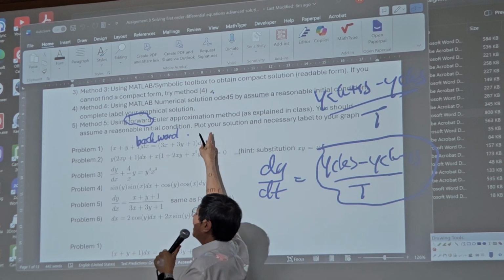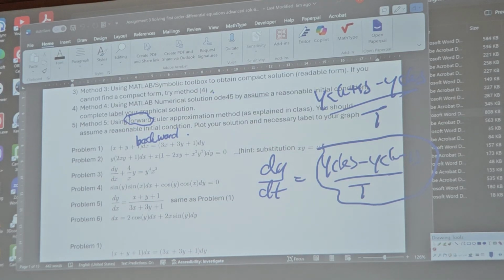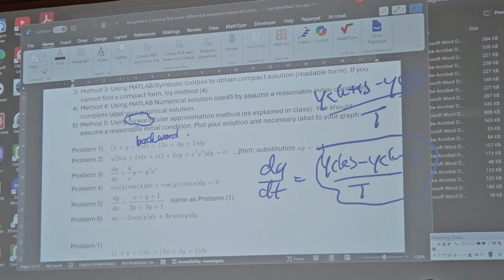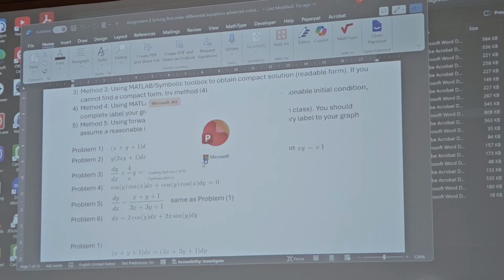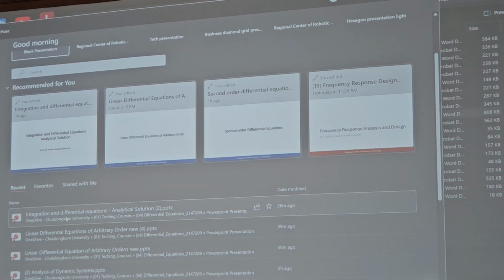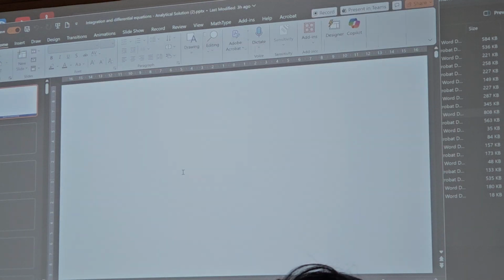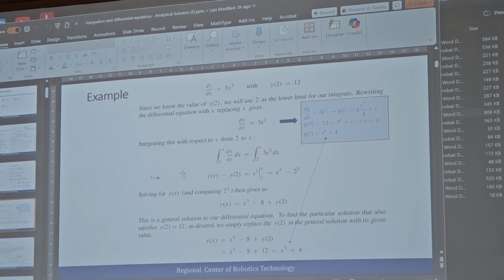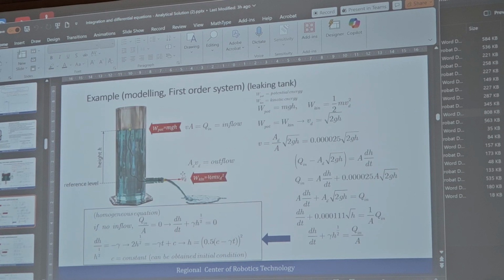And you can solve this one as well, similar to the slides. I already gave you another example about this one. You look at this one. See, you have this one, right? I give you some of these.